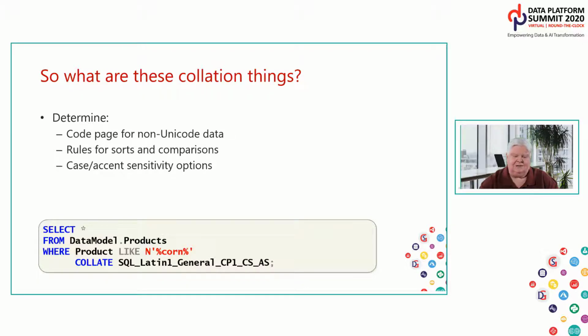It then shows CP1, which curiously is code page 1, which really isn't code page 1. It maps to the standard US English one. They've then got CS for case sensitive and AS for accent sensitive. So in this case, we're saying that if a capital A is part of a word, that's different to a little a in the word.